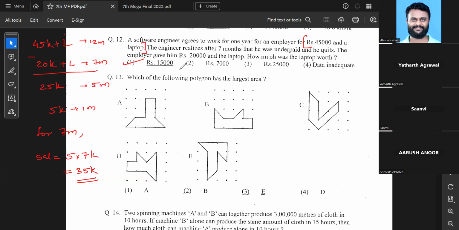Sir, can I give another method? Sure. What I did is that 6,250 rupees is equal to 5 months of the usage of the laptop. Then we divide it by 5 and multiply it by 12 for the total cost of the laptop.